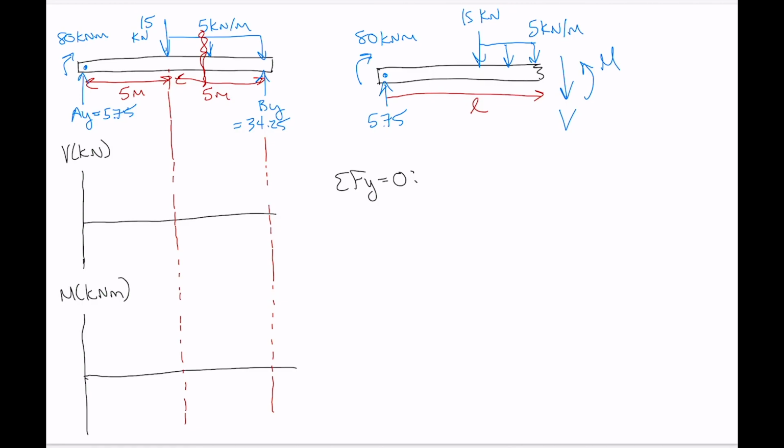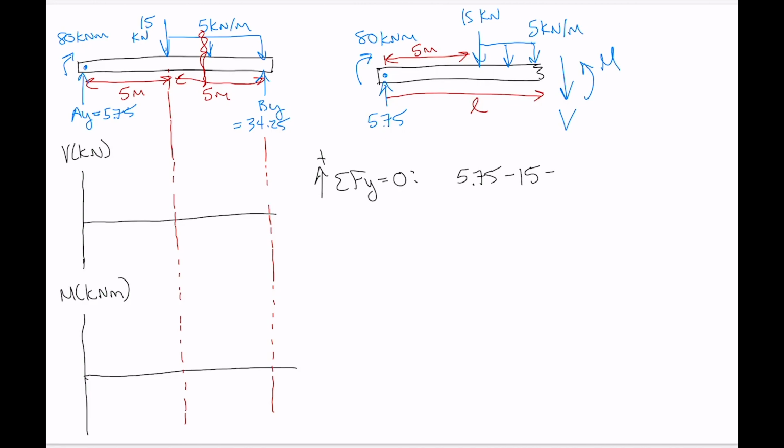So what have we got here? Taking the upwards direction as positive, working from the left-hand side of the beam over, we've got 5.75 for AY, then minus 15, minus the resultant of that distributed load. Remember that this length here is 5 meters.